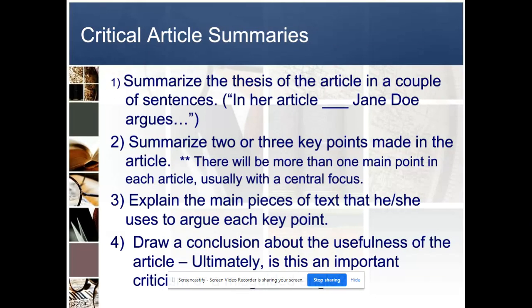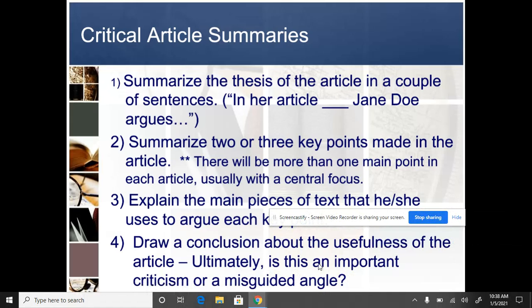These are complex arguments that build on each other, and we will actually see kind of the line of reasoning that we are supposed to be using when we argue. And in summarizing those main points, you will also include the main pieces of text that the writer uses to argue that point.